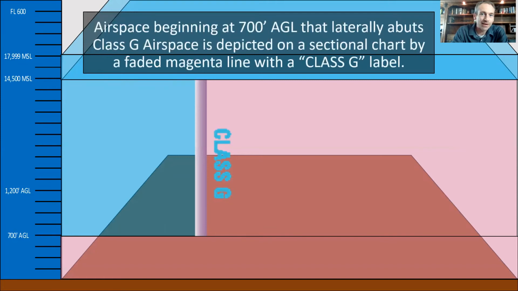Airspace beginning at 700 feet AGL that laterally abuts Class G airspace is depicted on a sectional chart by a faded magenta line with a Class G label. So it's going to be the same magenta line that abuts 1,200 feet AGL, but if it has a Class G label, it means the entire area is Class G, and the Class G airspace goes up to 14,500 MSL.